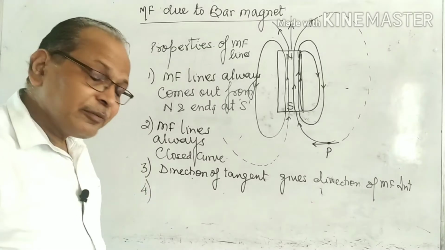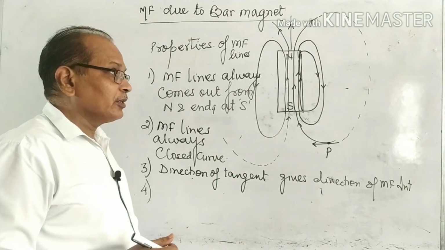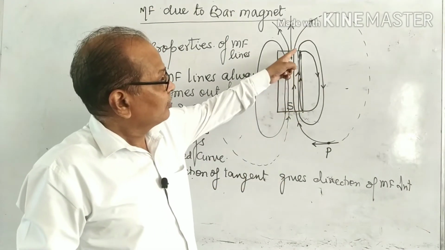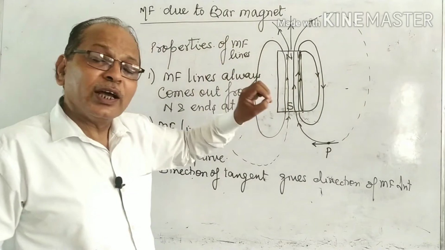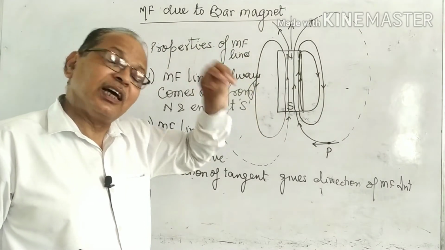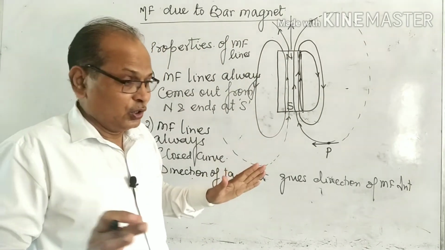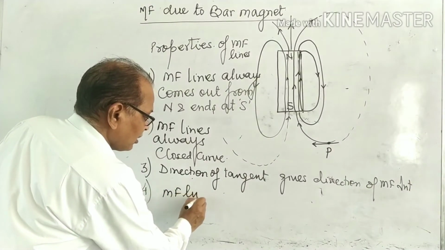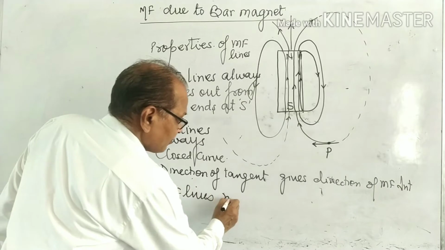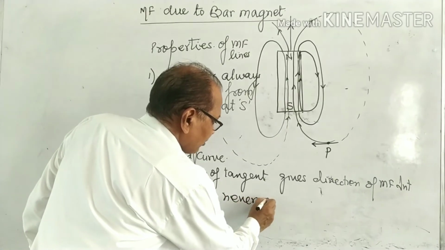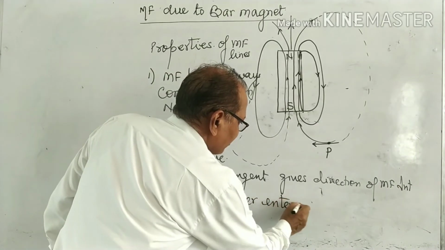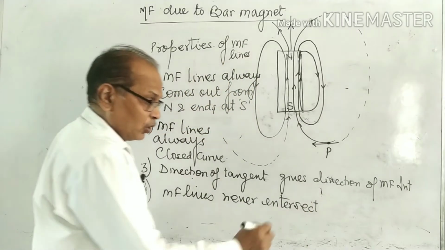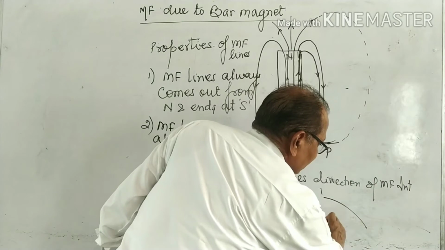Now the next property, that magnetic field lines never intersect each other. See, are any two magnetic field lines intersecting? No. Magnetic field lines never intersect. Why? Because if they intersect, this is the position.